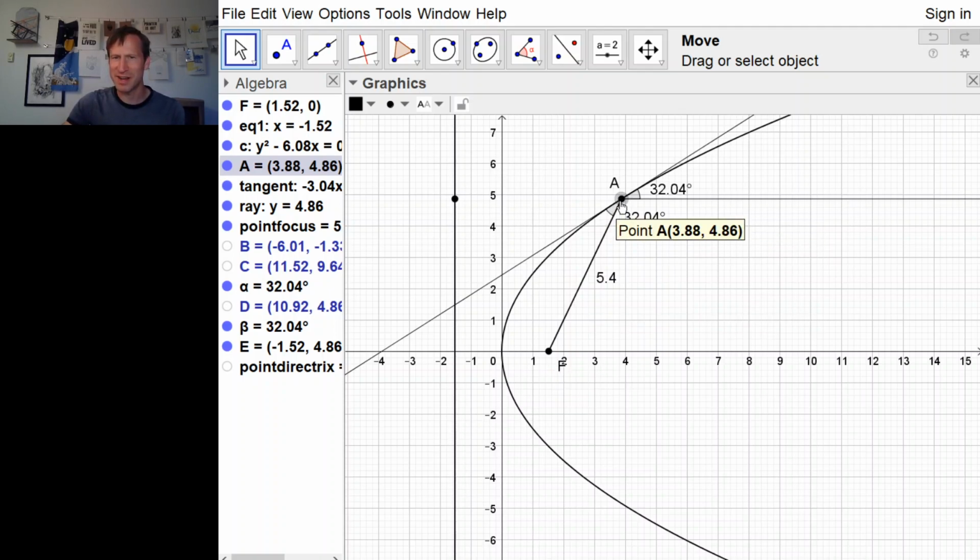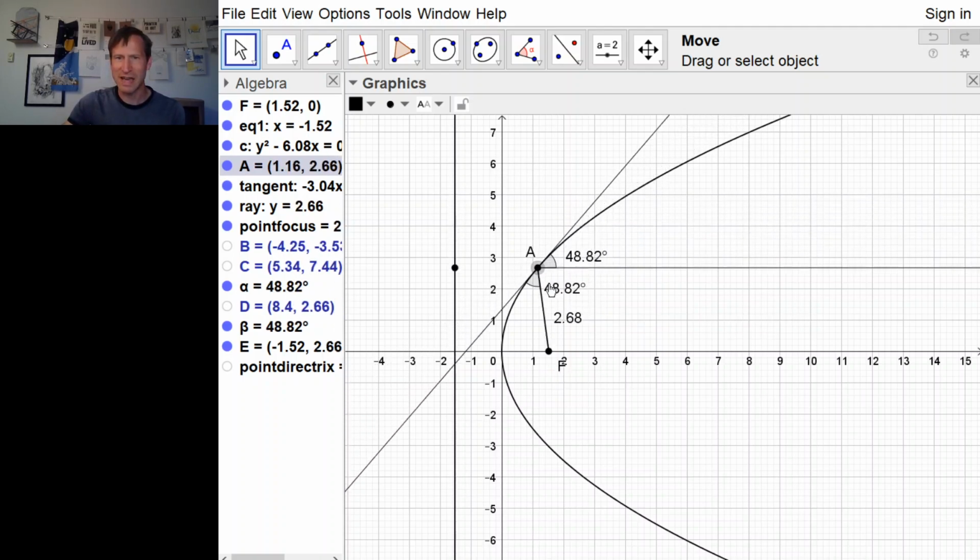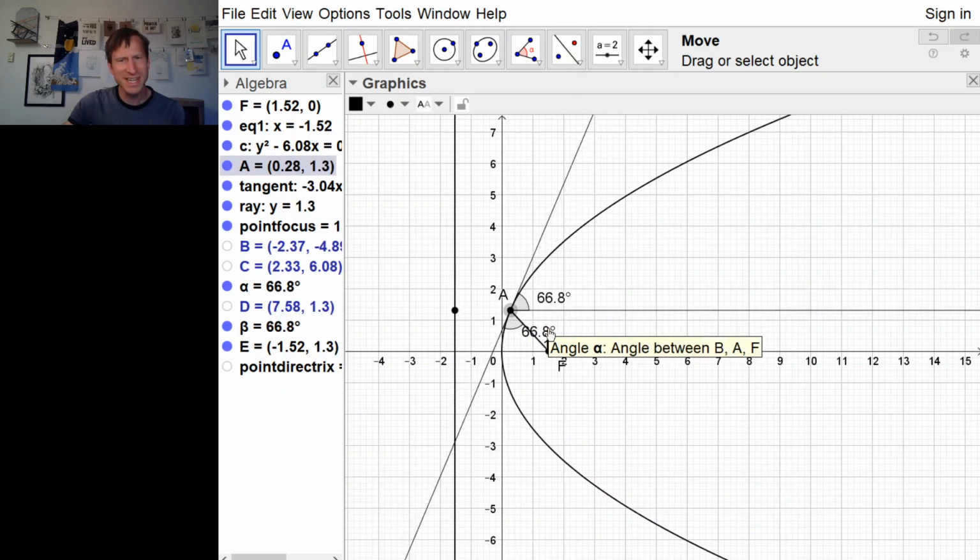If we move this point right further down the parabola, those angles both change, but they change together, so they stay the same, and the reflected light ray still goes through the focus. In fact, that's why the focus is called the focus. It's because the focus is the point where all incoming light rays, again, as long as they're parallel to the x-axis, all incoming light rays get focused by the parabolic mirror onto the focus.